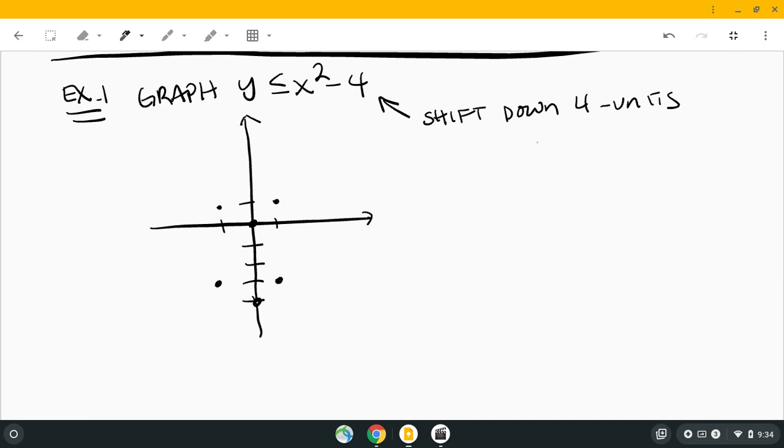Now, if you have this or this, then you will have a solid parabola. Okay. If you have this or this, then you will have the dotted, just like dotted line, solid line. Okay. All right. So this one is the less than or equal, so this will be solid.